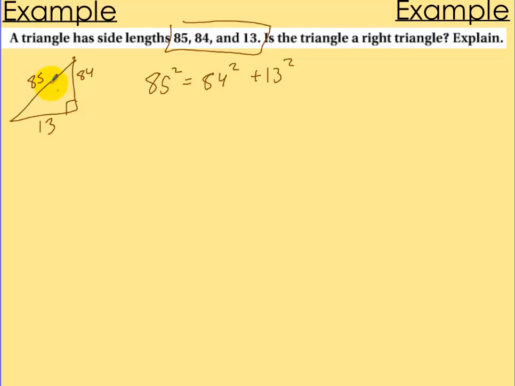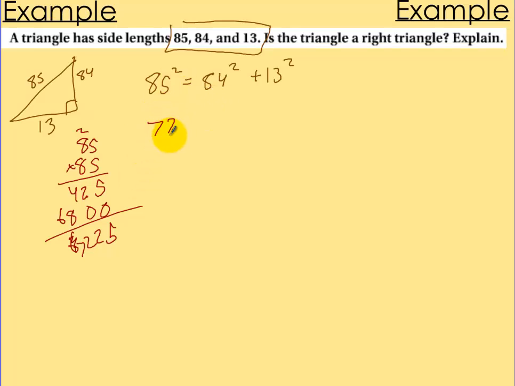All right. And this, again, if you want to use a calculator, you can, no, we're going to do the math ourselves, because I'm going to prove I can do this without even checking my work. You can correct me if I'm wrong. Okay, 5 times 5, 25, that's 5, carry a 2. 8 times 8, 64, 66. It's going to be 7,225 equals 84 squared plus 13 squared.